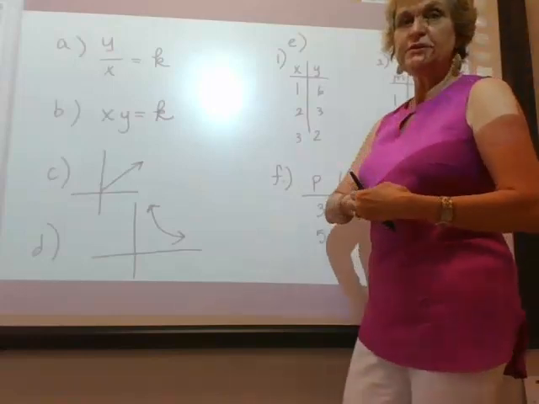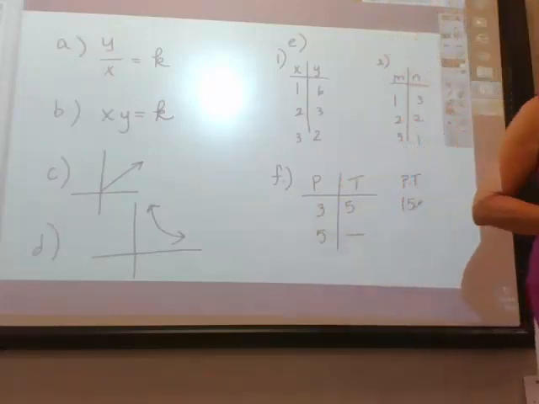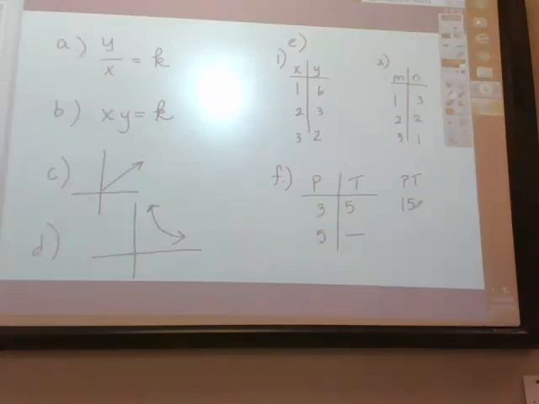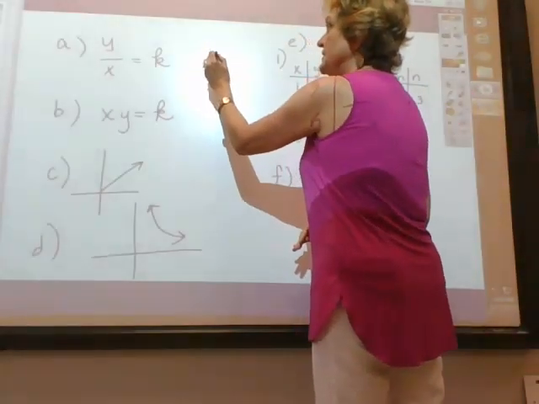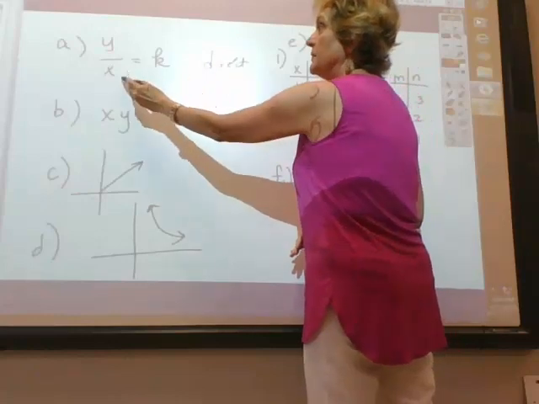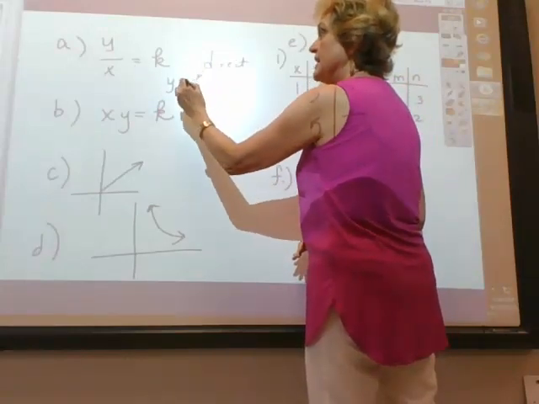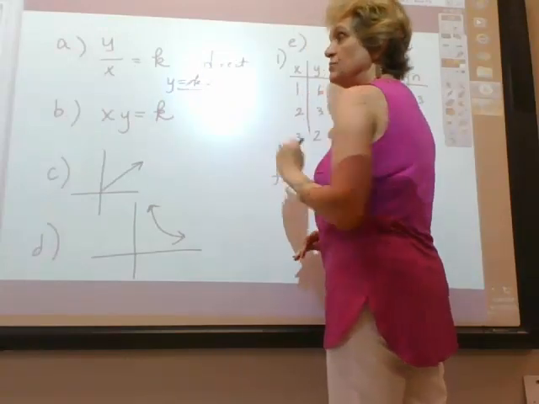Right, so what you're supposed to do here is determine if these are direct or inverse. So if we have y over x equals k, that is a direct variation, right? If we multiply this, we get y equals kx. That is direct variation.